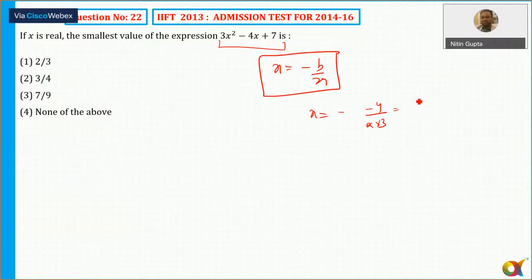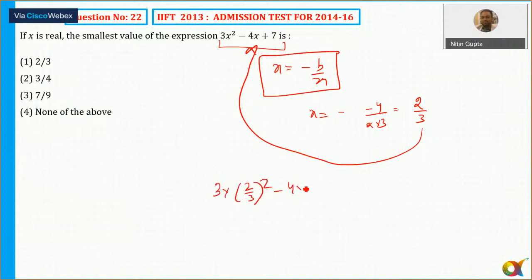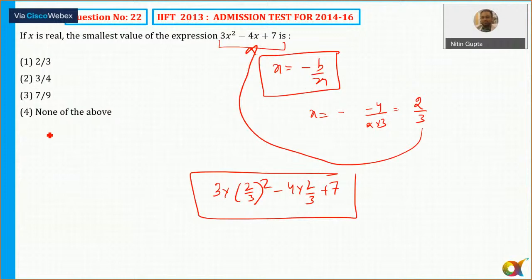So that is equal to 2, plus 1, we get the answer as 4. So another easy question. Can I move to the next question now?